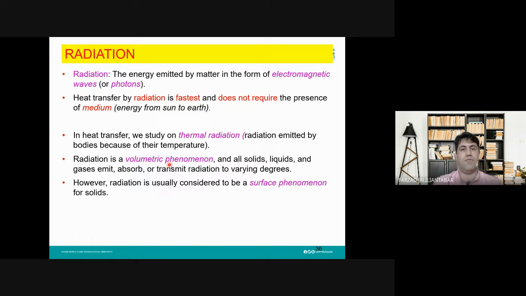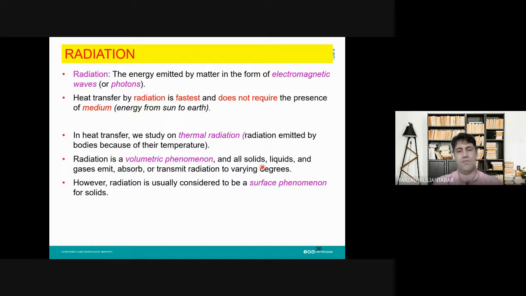If you remember, for conduction, we had that surface area normal to the direction of the heat transfer. For convection, we had the surface area of the solid surface. And for radiation, in the real world, radiation is a volume phenomenon. In the whole surface or whole volume of the substance, the radiation is happening.